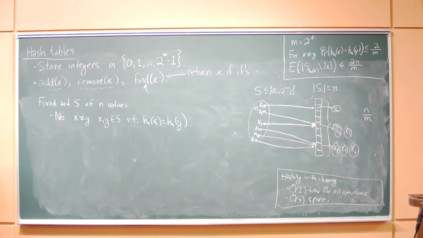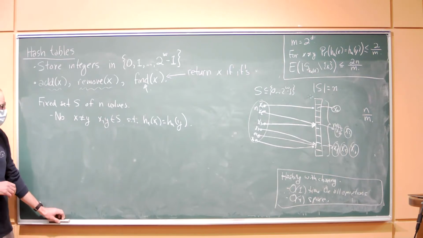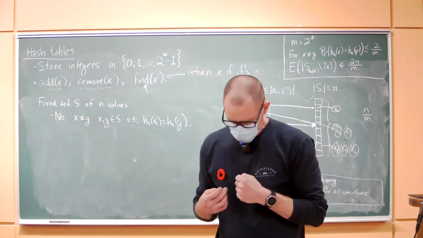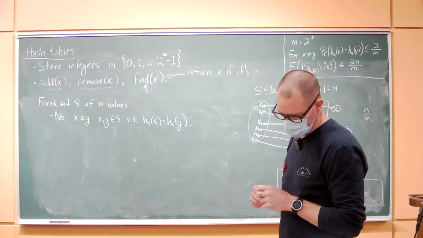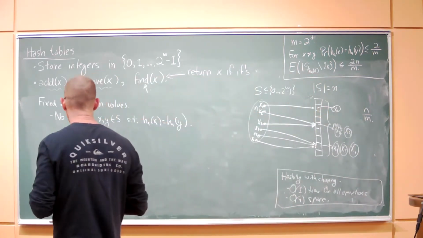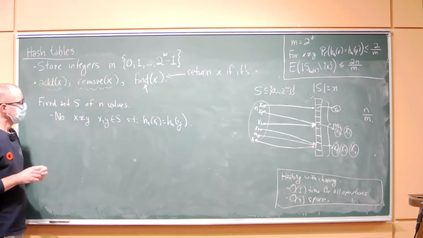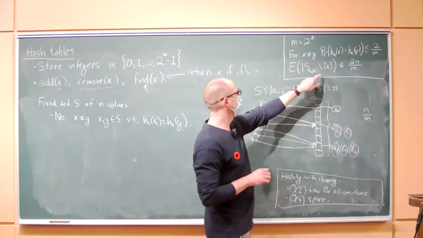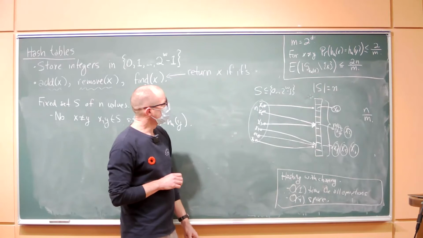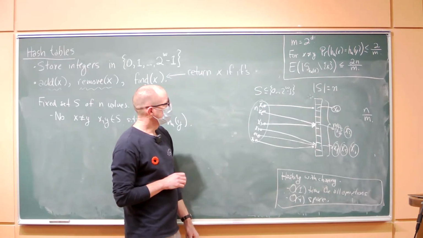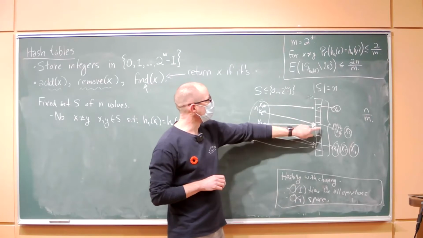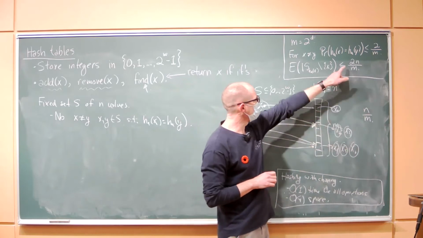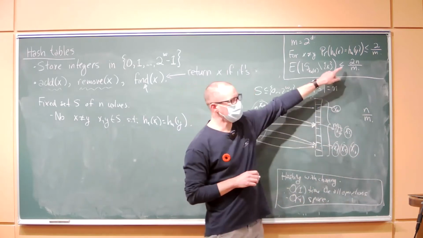Well, the hash function doesn't guarantee that. So how can I still get that to work? The hash function guarantees something. It says for any X, if I look at the table location where X is stored, the expected number of things different from X is 2n over m.